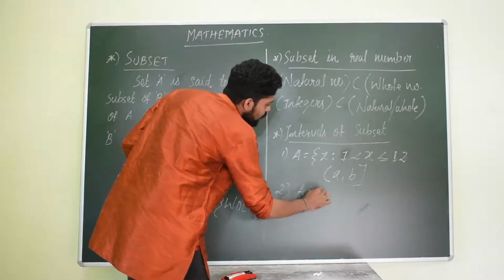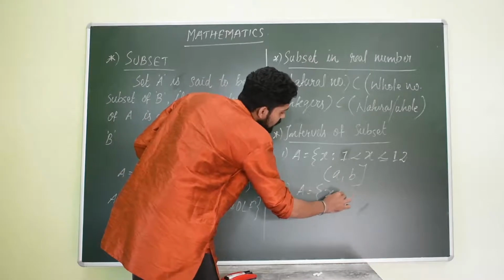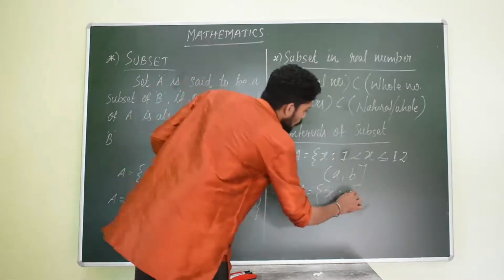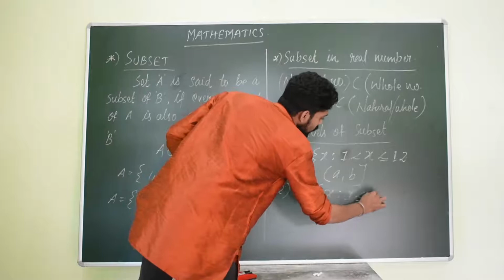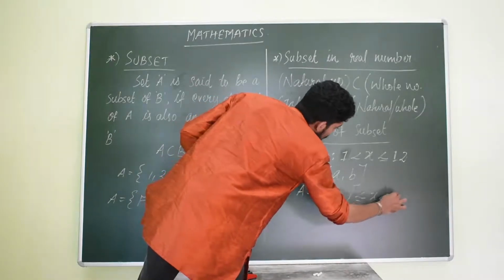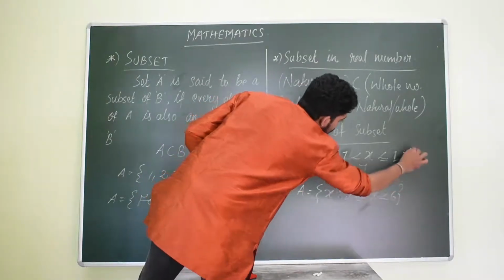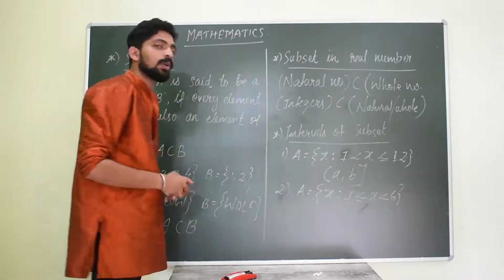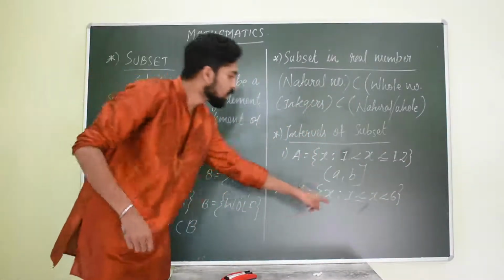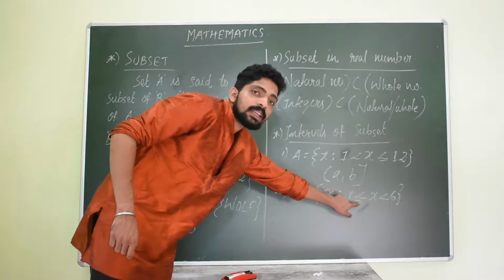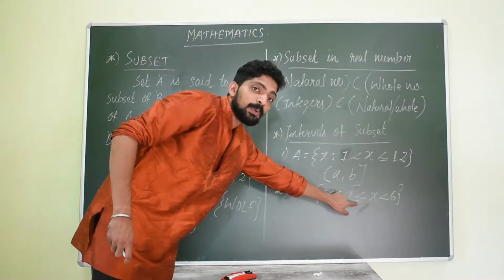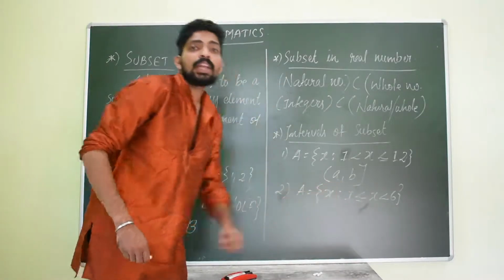The A is equal to the set of all x such that, right, 1 greater than or equal to x greater than 6. This is the next question, right? From this example, you can check here. The first thing, 1 greater than or equal to, right? From here we have provided the equal to, right?